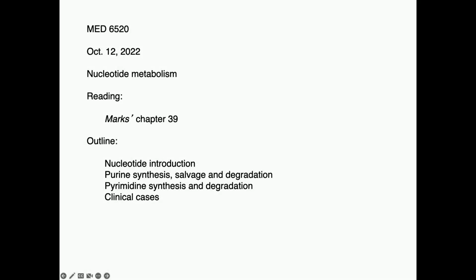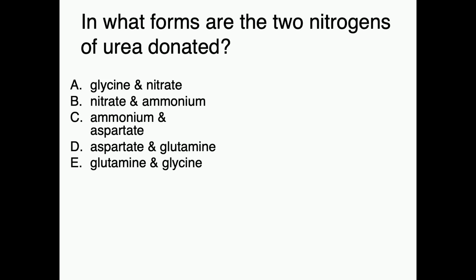Okay, should we review some stuff from last week? Got a few questions from urea cycle stuff and then a few questions from folate. And for this question, I guess it's a little not clear, but looking at the direct donors of the nitrogen to the urea molecule.